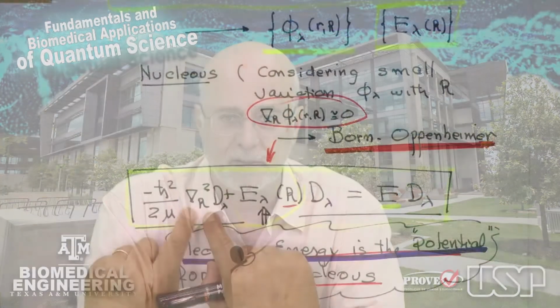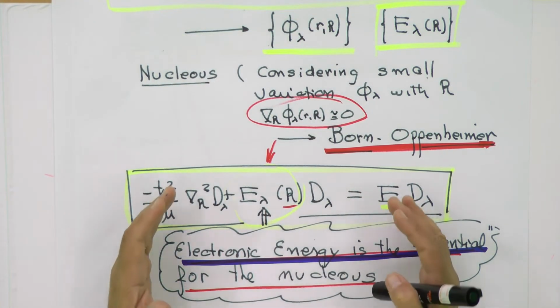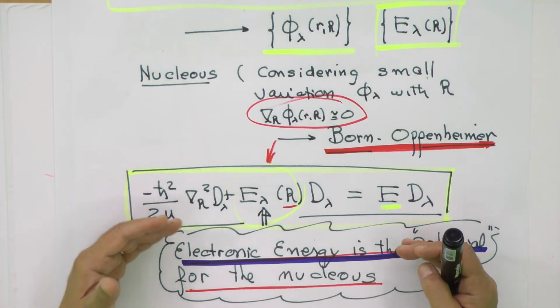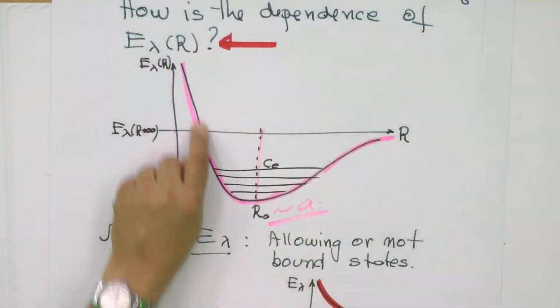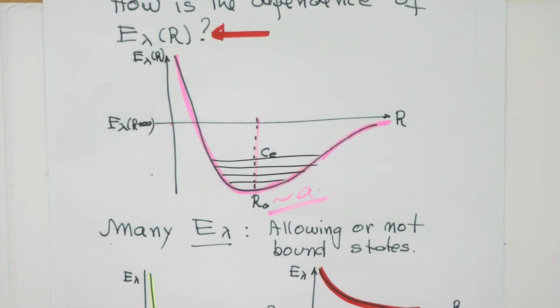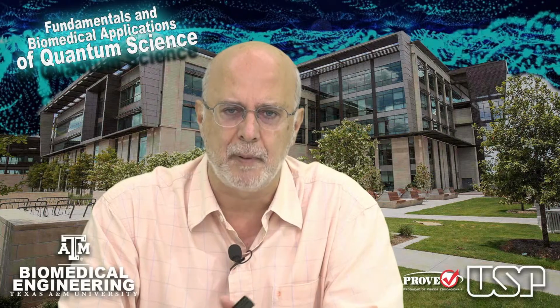And those dependencies will create here a very interesting situation where the angular momentum and the rotation come together. In fact, one of the reasons for this barrier here is the centrifugal barrier. It's when things spin around and there is a positive L(L+1) h bar squared divided by r squared.